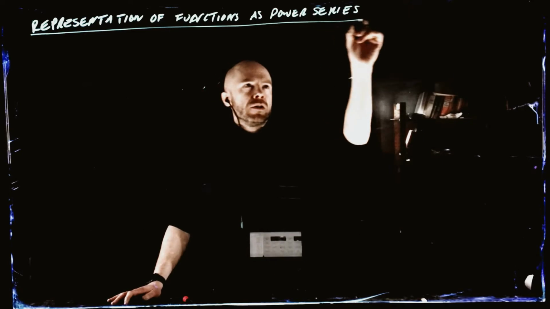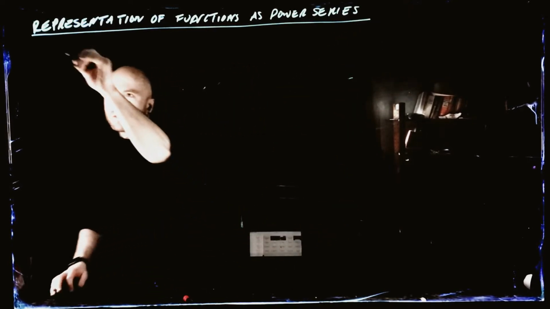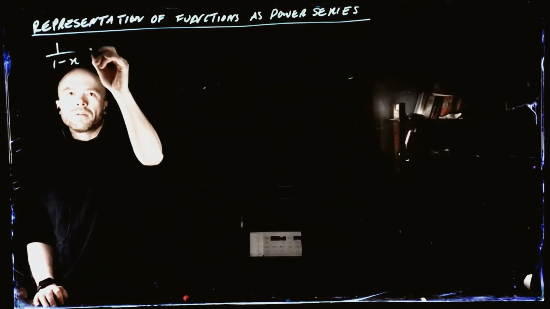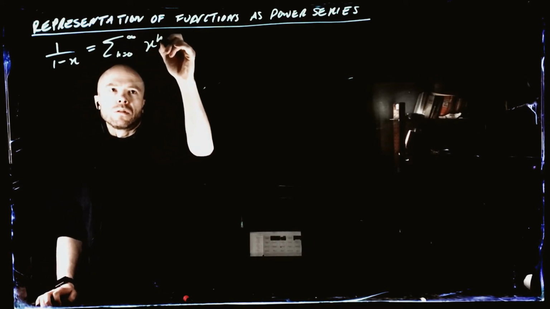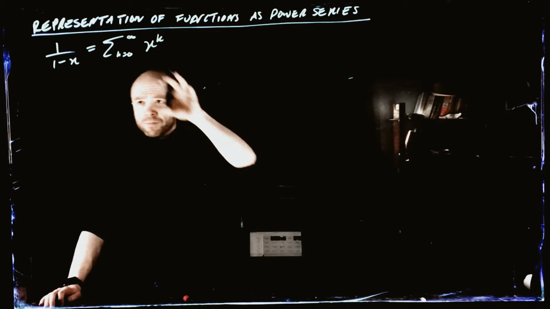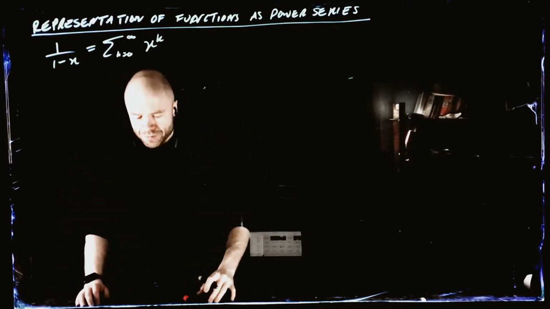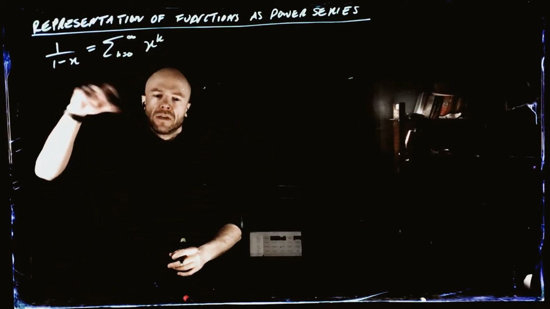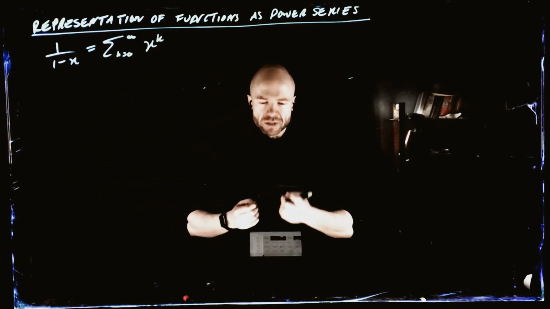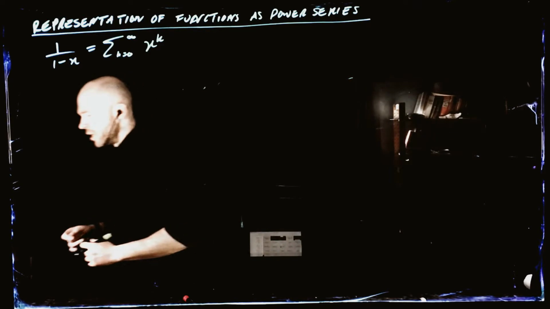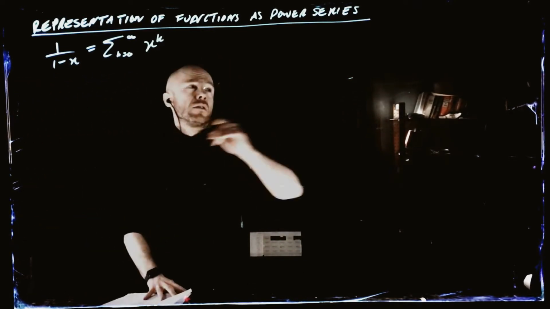And we were using this basic identity we know in geometric series to try and get some representation of some sort of non-trivial class of functions, as an introduction to understanding how we represent functions as power series and what benefit we get from that. So we did that example.